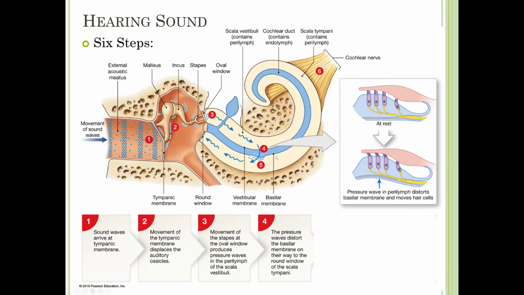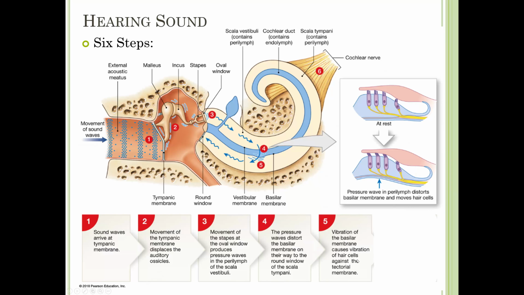Step 4, the pressure waves are going to cross over the basilar membrane, and the specific area where they'll cross we'll talk about in a moment, but at some point along the trip up the cochlea, the pressure waves are going to distort the basilar membrane, and that's going to cause the basilar membrane to bounce up and down, right? And then, of course, the pressure waves are then going to exit through the scala tympani and out the round window, but we're focusing on the basilar membrane.